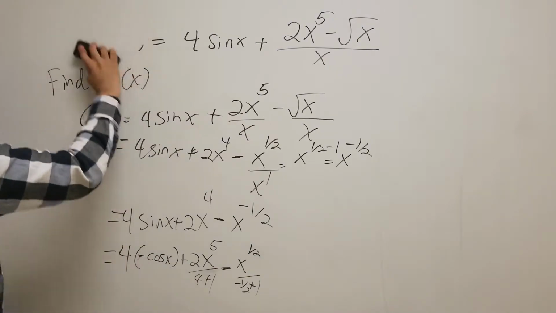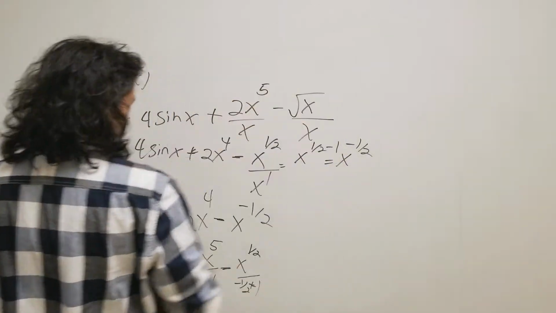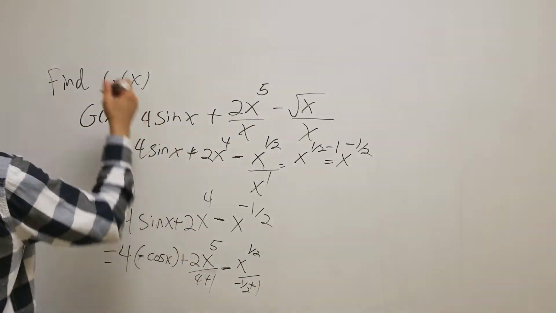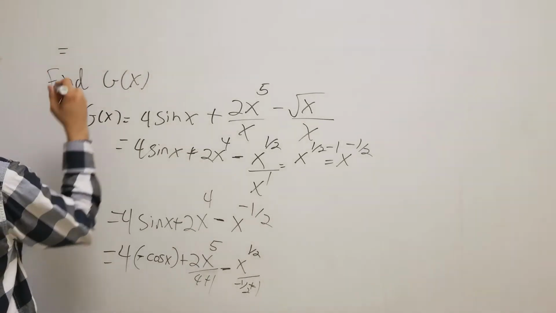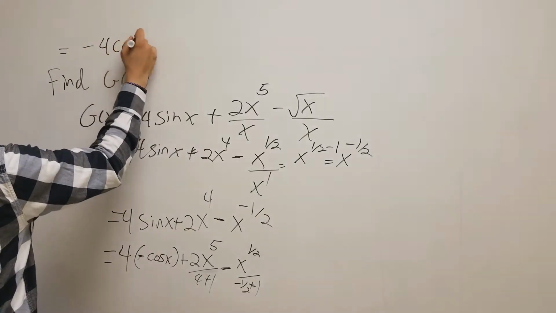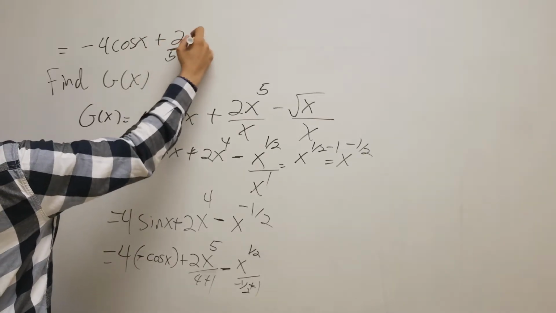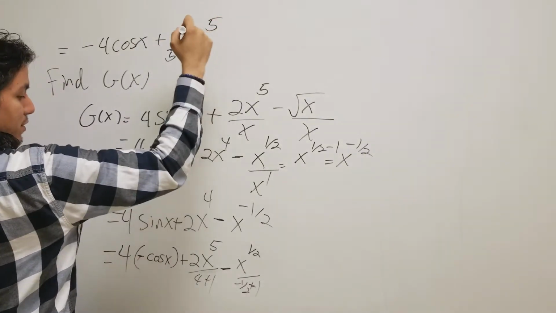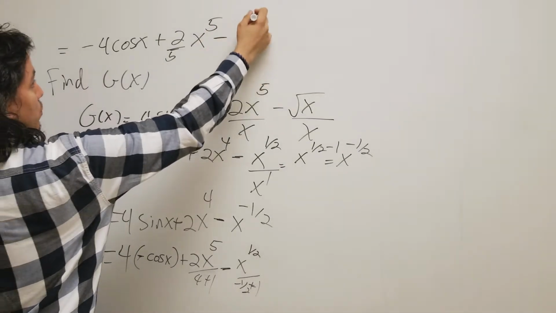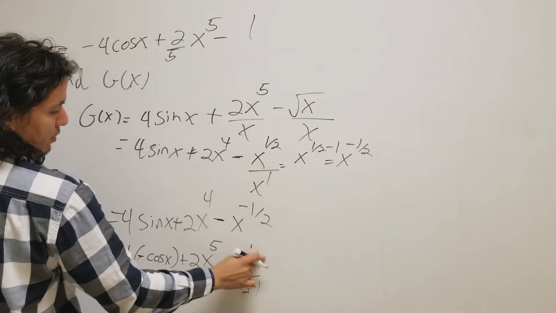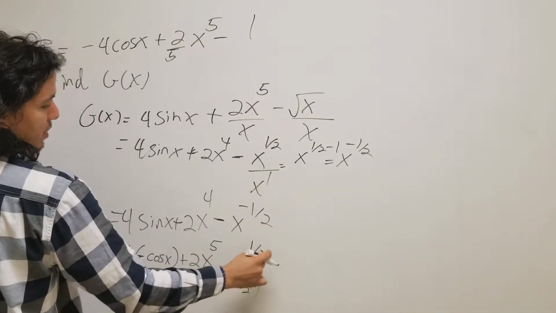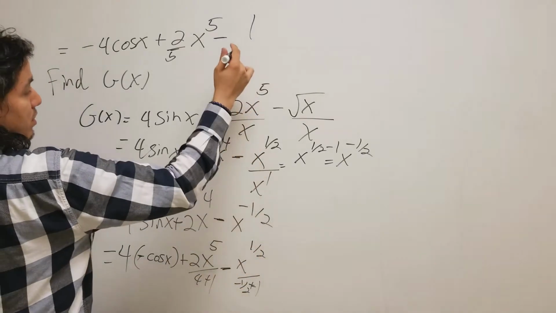So then, you use the algebra, you get what? Negative 4 cosine x plus 2 over 5 x to the 5th minus 1. Remember how this is 1/2, sorry. So then this is, let's see.